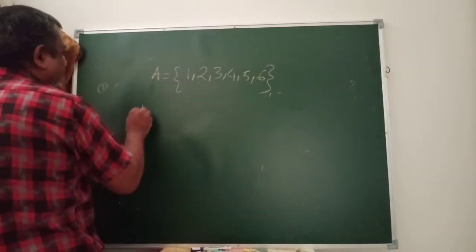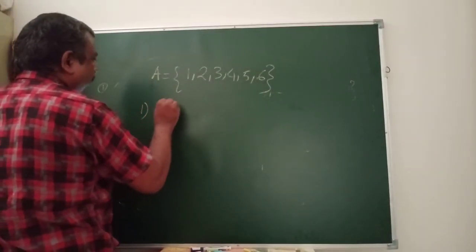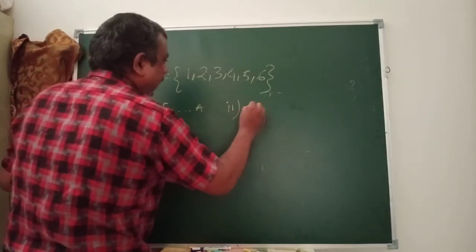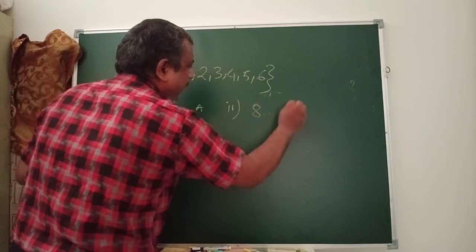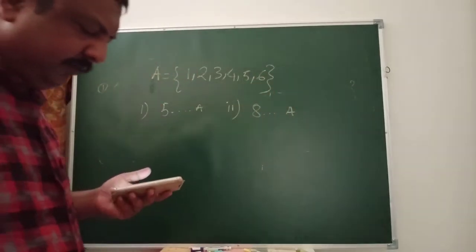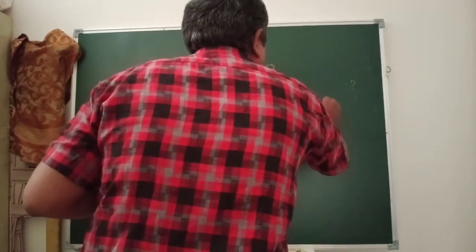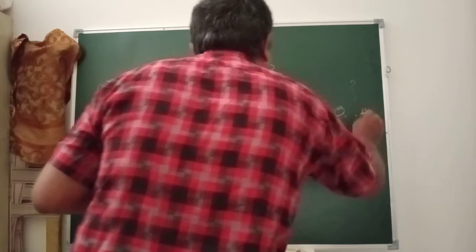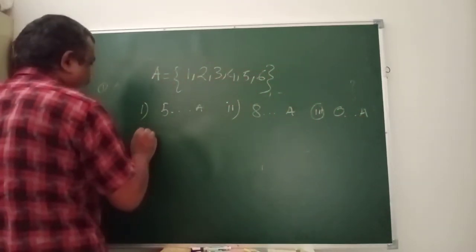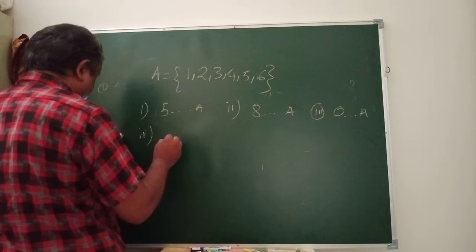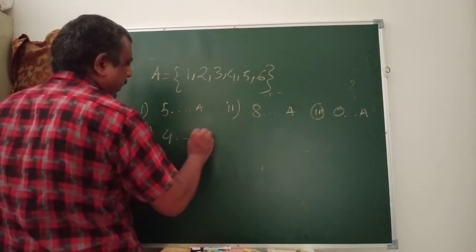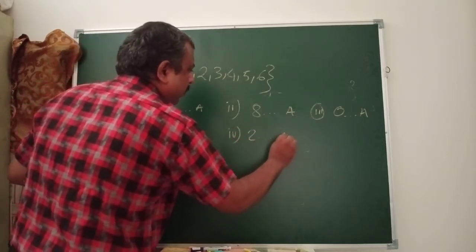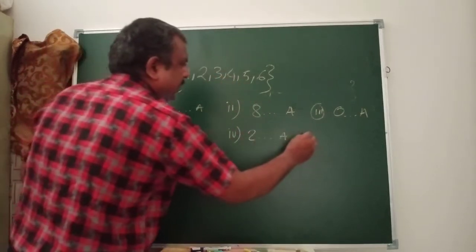Okay, the first part of the question is 5 dot dot dot A. Second part is 8 dot dot dot A. Third part is 0 A. Fourth one 4 A. Fifth A. Sixth one.